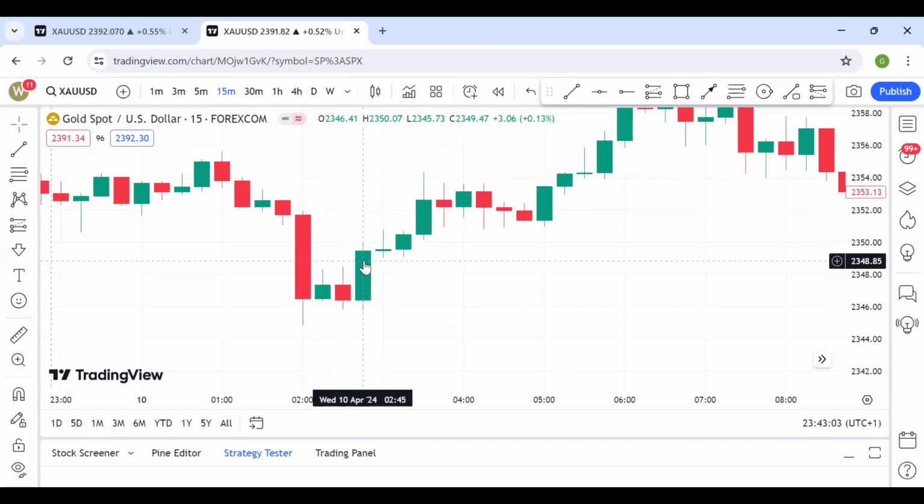A bullish engulfing candle is a two candlestick reversal pattern which forms when there is a small body candle, either a red or black candle, followed by either a green or white candle. The green candle must totally engulf the other candle, which is the red one.